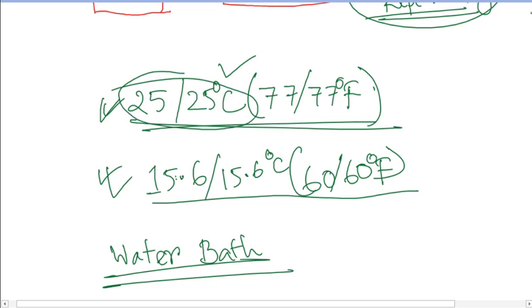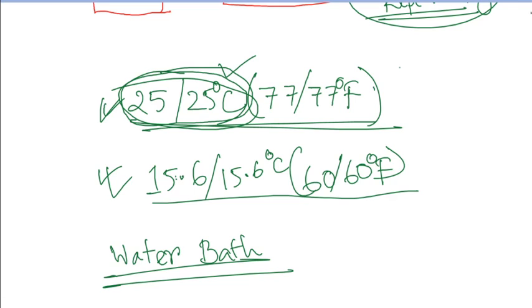Water can keep the temperature as long as we want. If we just keep our pycnometer in air, we cannot maintain the air temperature as we expect. But in a water bath, the opportunity is that we can maintain the temperature according to our expectation all the time as we want.